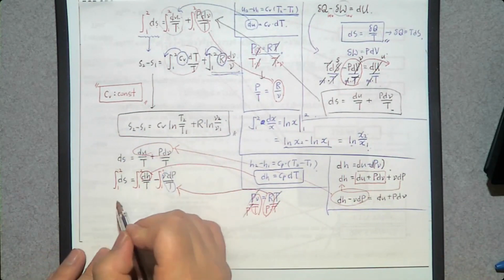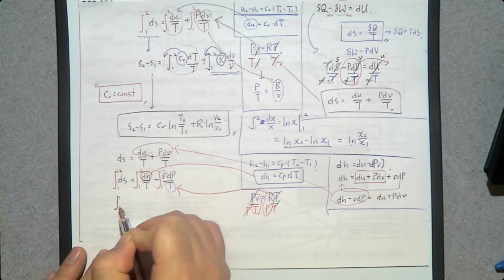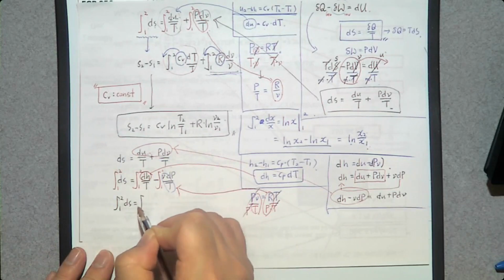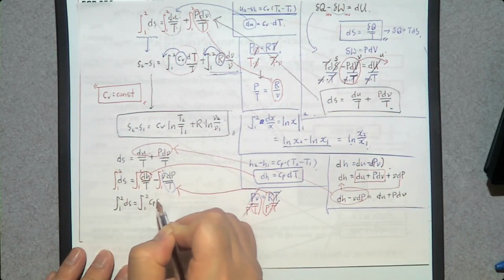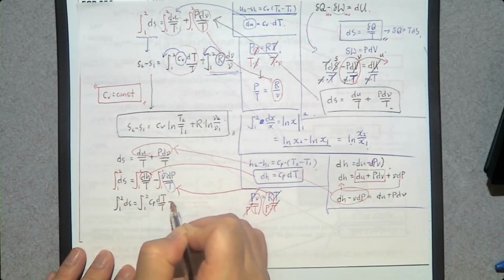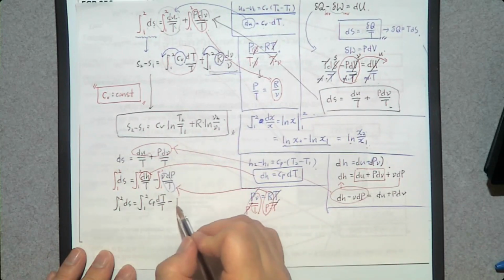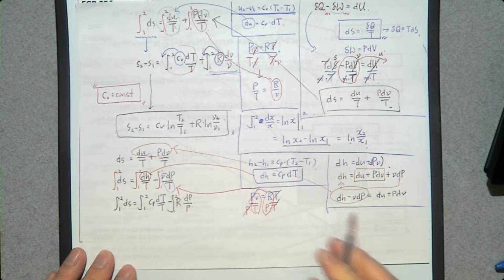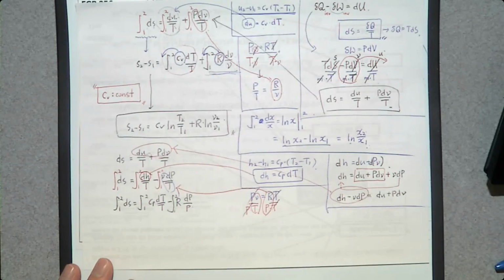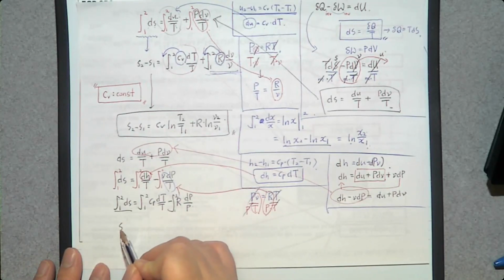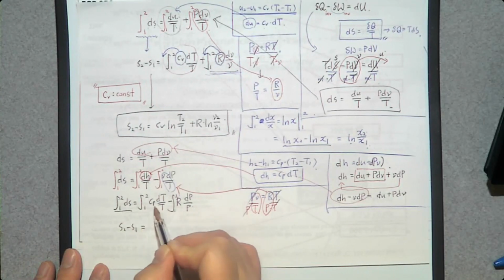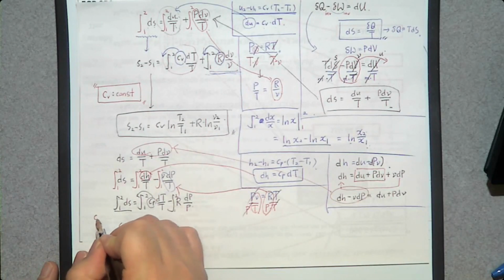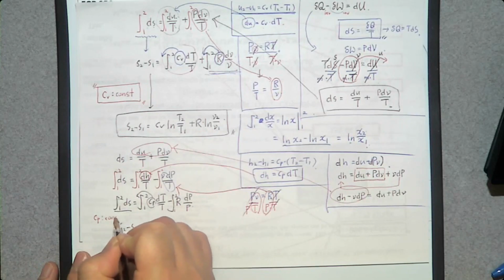Then this equation becomes the integral from 1 to 2 of ds equals the integral from 1 to 2 of Cp dT over T minus R dP over P. Can you integrate that? Yes, we can. S2 minus S1 is, Cp comes out, because we assume that specific heats are constant.